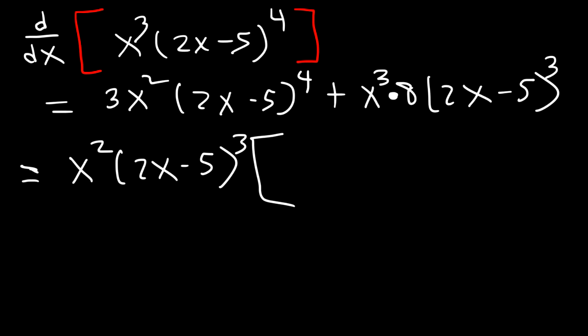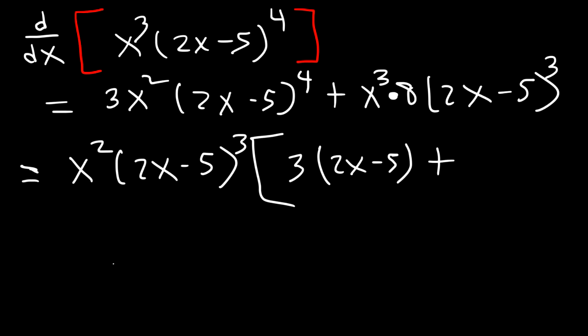So if we take out x squared and (2x minus 5) to the third power from that expression, what's left over? So the x squared is gone. We took out 3 of these, so there's going to be 1 left over with a 3 in front. So it's going to be 3 times (2x minus 5).